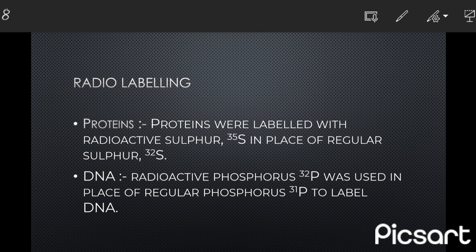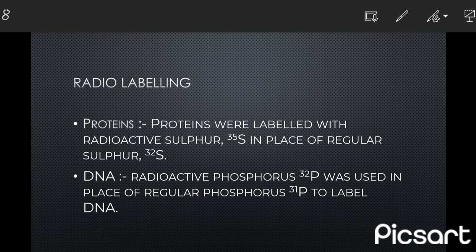These replaced isotopes emit radioactivity and hence work as labels to mark molecules of interest. This experiment used radio labeling of proteins and DNA because they wanted to check whether proteins or DNA act as the genetic material.